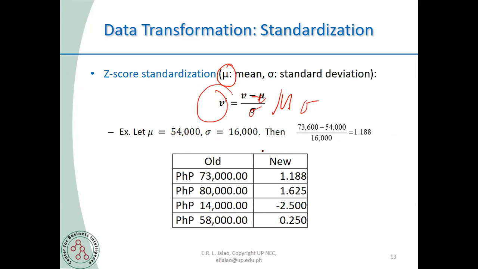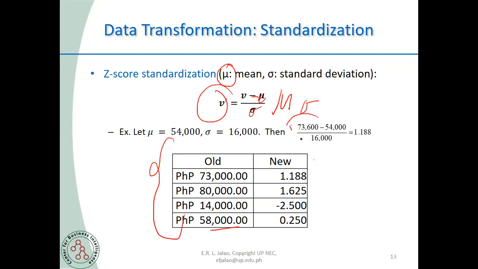Then let's transform our data sets. This is our data set, class: 73,000, 80,000, 14,000, and 58,000. The first value that we have is 73,000, right?